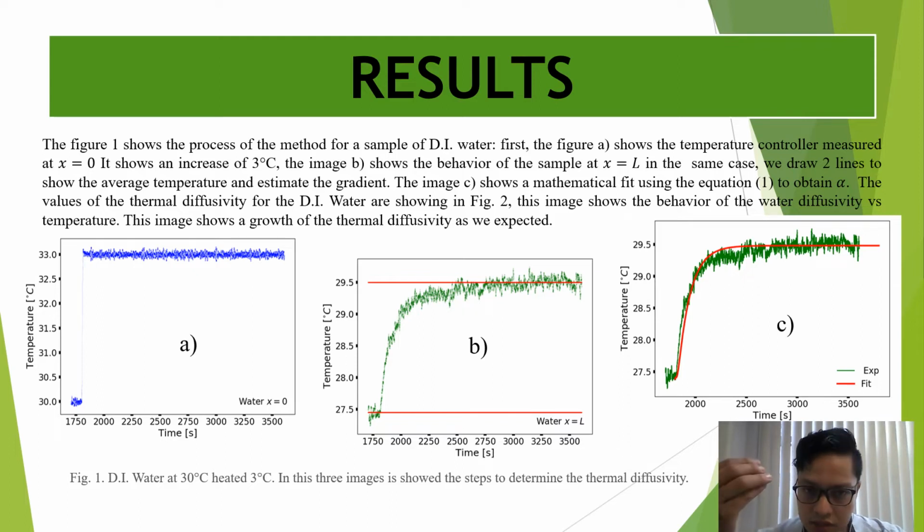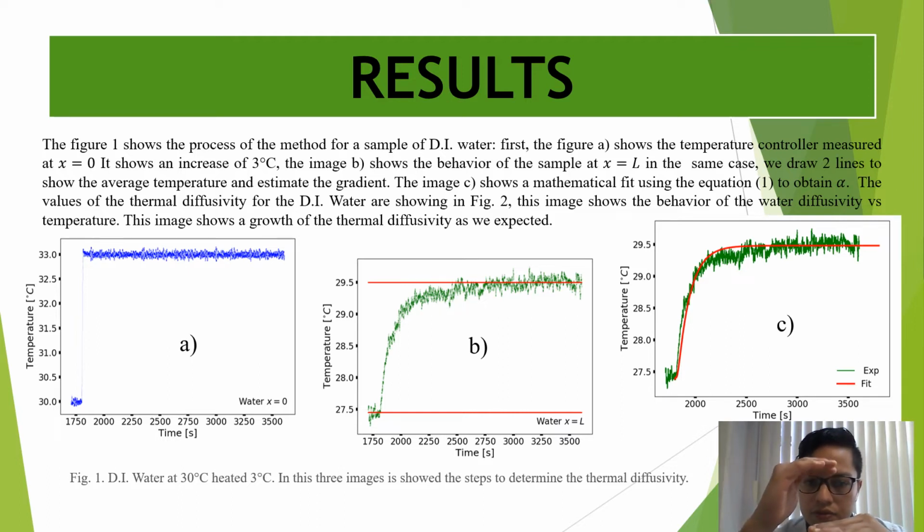Then the second image, image B, shows the behavior of the sample at the top, at x equals L. In the same case, we can see a lower temperature, between 27 and 29.5.